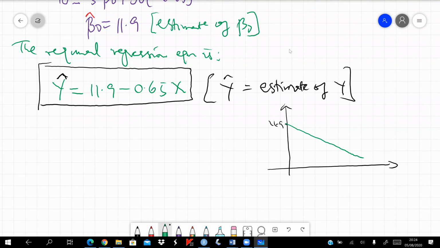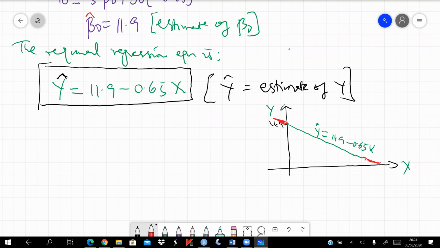So this is y estimate is equal to 11.9 minus 0.65 of x, sloping negatively like that. This is your y, this is your x. With this one, you can make predictions. You can predict this way and also this way. You can extrapolate like that.